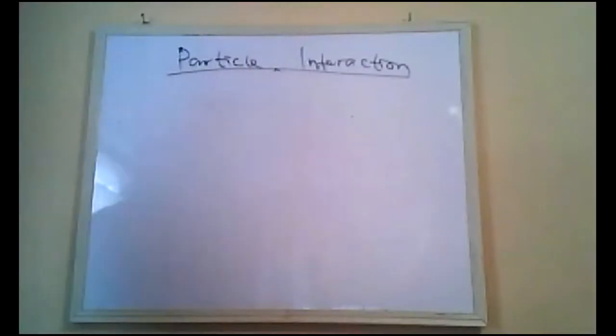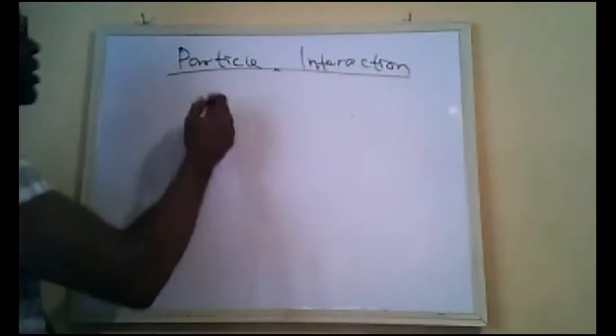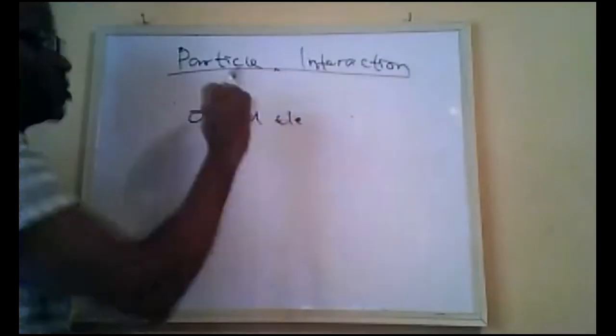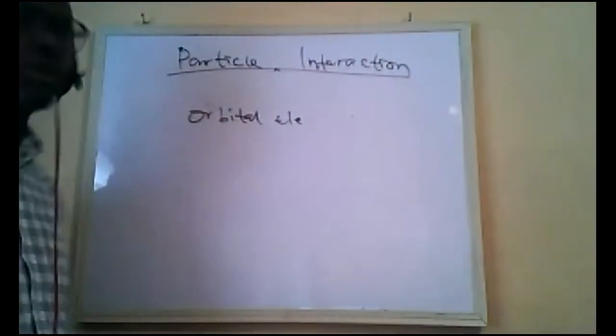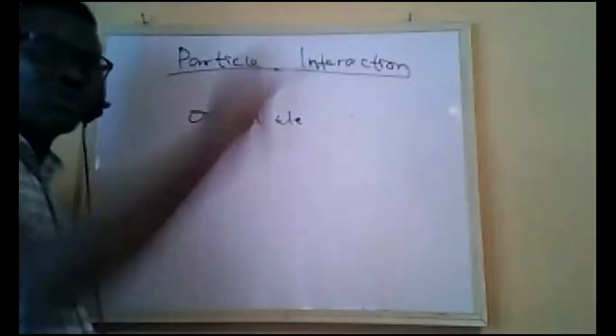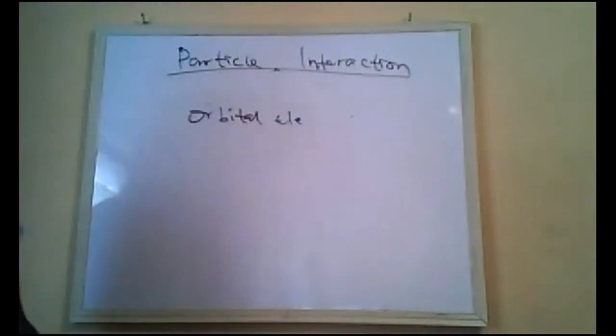I was talking about orbital electron interaction. That is, a particle coming into an atom can either interact with orbital electrons or move towards the nucleus.